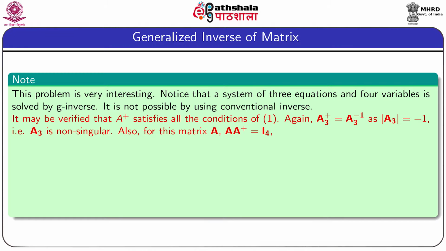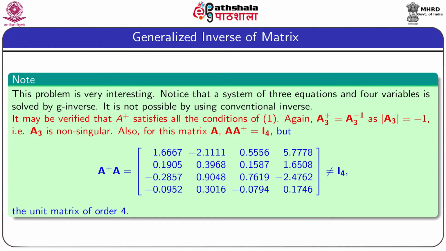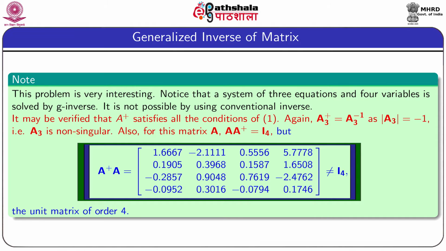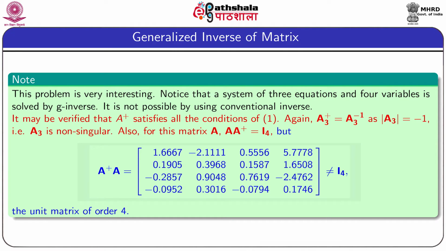And also for this matrix, A into A plus is equal to I4, that means a unit matrix of order 4 by 4. But A plus A, that means the product of the Moore-Penrose inverse into the matrix A, is this matrix. It is a matrix of order 4 by 4. Note that this matrix is not the unit matrix of order 4 by 4.